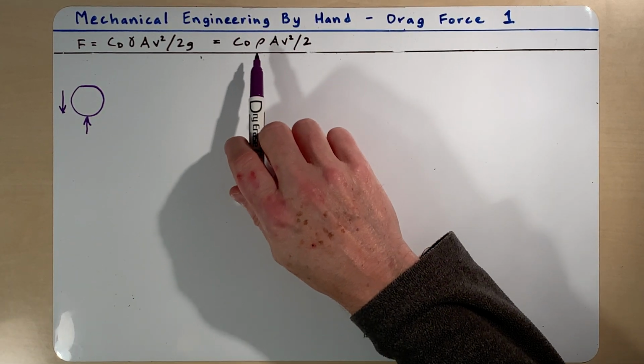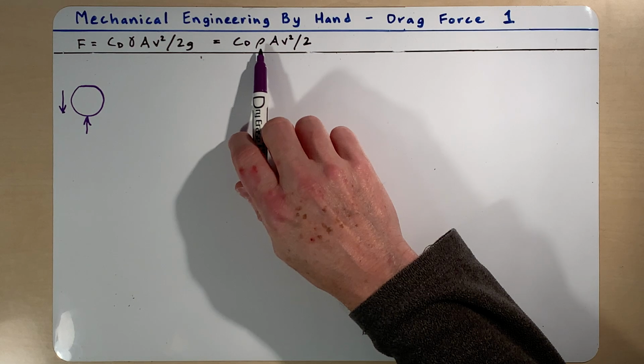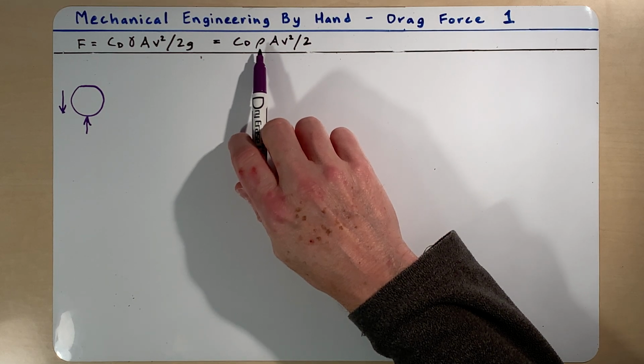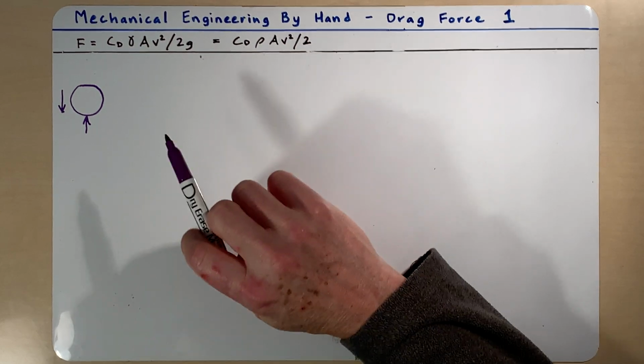And if you have density, in other words, in the English system, that would be slugs per cubic foot, then this is the equation.